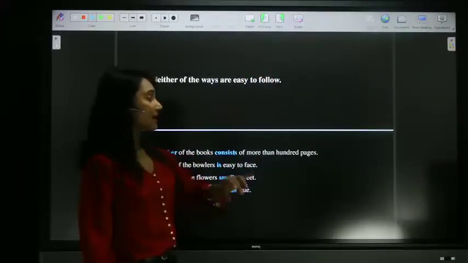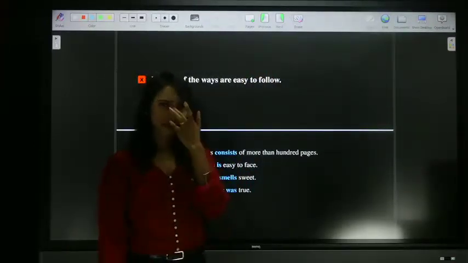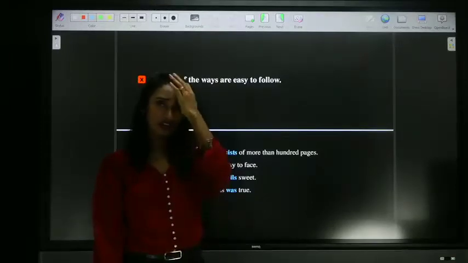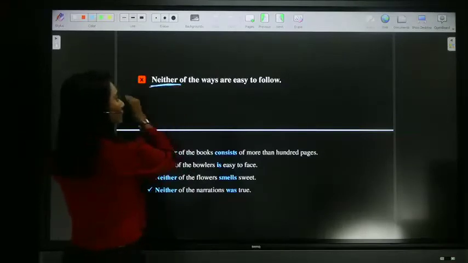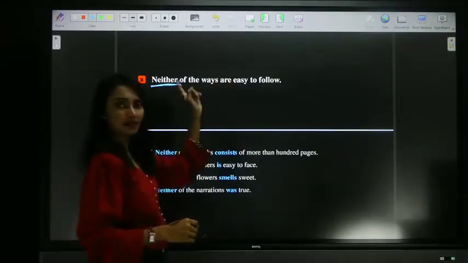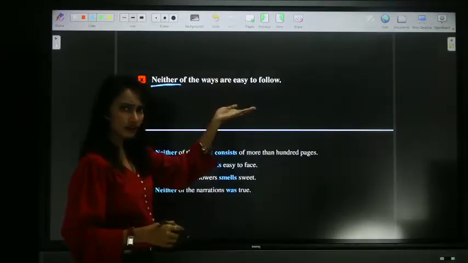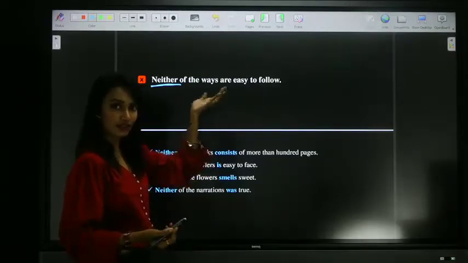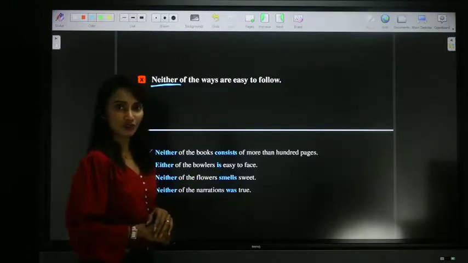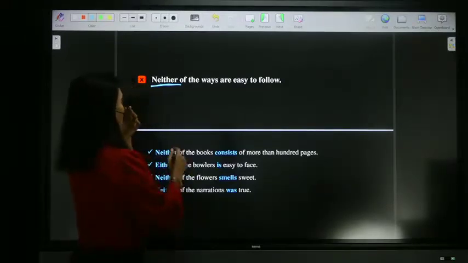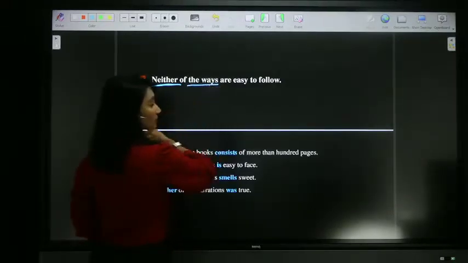Neither of the ways are easy to follow. Again, here do we have a correlative conjunction or a pronoun? Neither of the ways. Is there any pair, neither nor? No, we don't have that. That means it is a pronoun. What type of pronoun? Distributive pronoun. So here how many are we talking about?